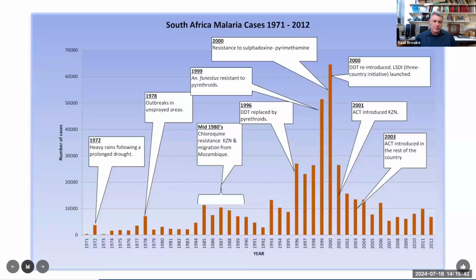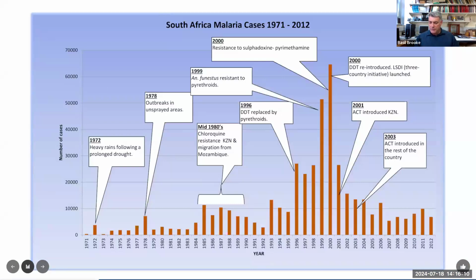So this graph shows you malaria incidents in South Africa from 1971 until 2012. And it just gives you a brief overview of how things have been over those decades. So you can see up until around 1996, we really had good control of malaria. And we've always thought in South Africa that good control means less than 10,000 cases per annum, most of which are actually imported cases.